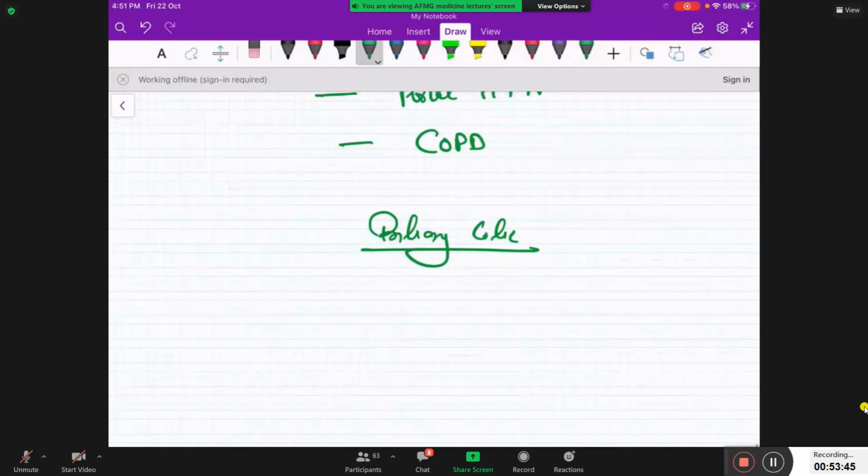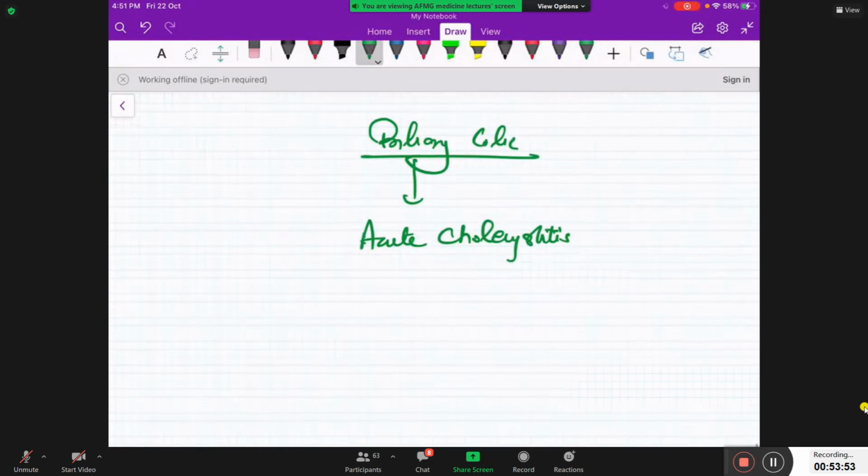If biliary colic is also not there, then acute cholecystitis. So most common symptom if asked, it is biliary colic. And if biliary colic is not in our choice, then the symptoms of acute cholecystitis will be the most common symptom. Now, let us talk about acute cholecystitis.